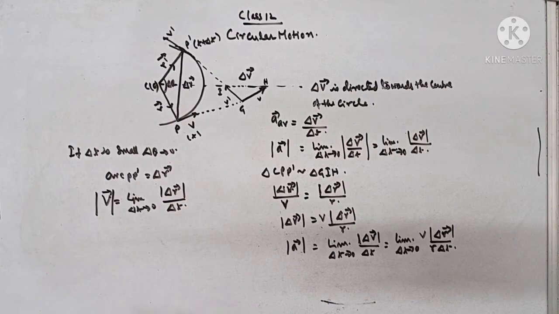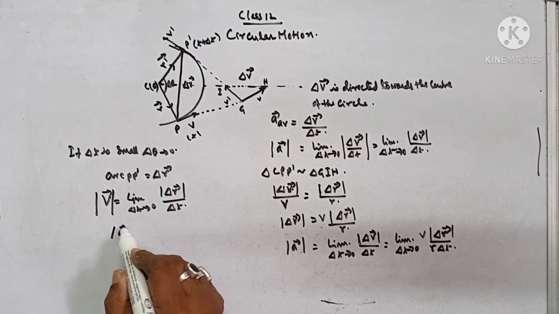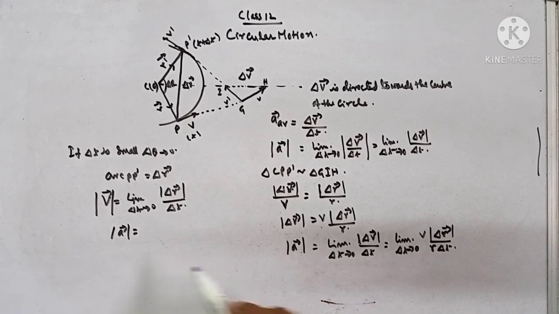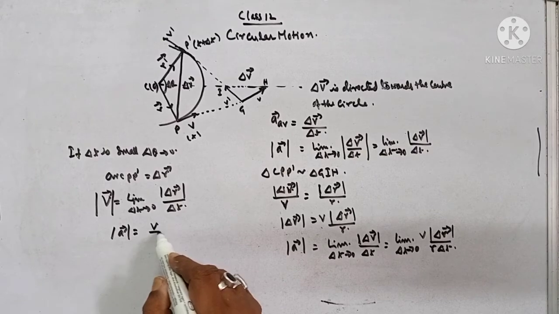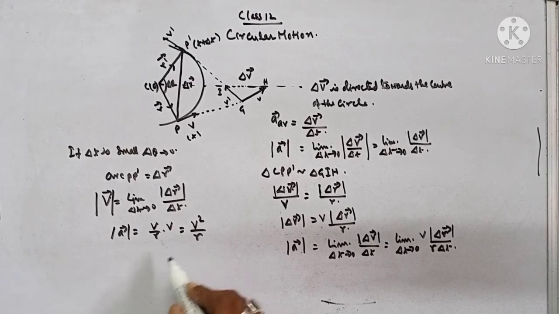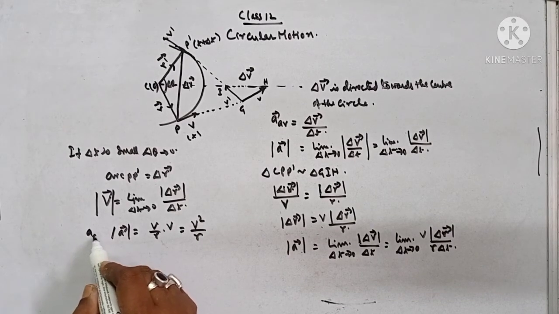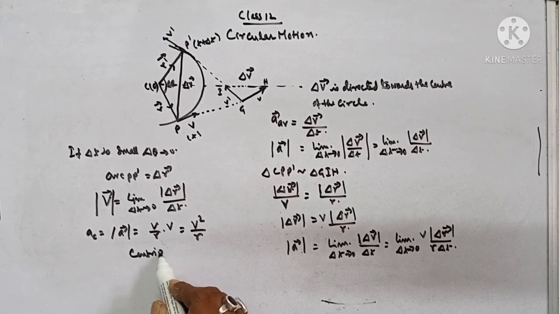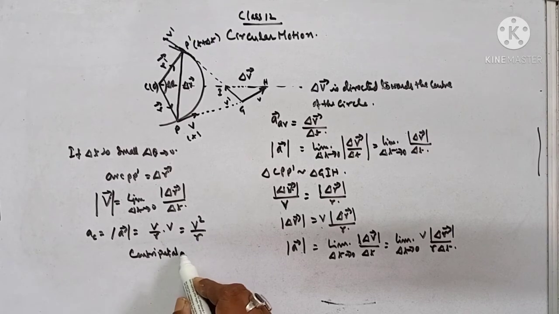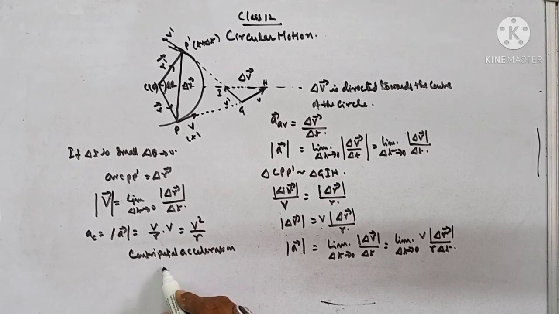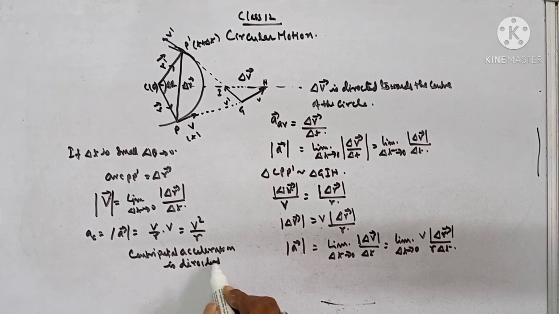So the magnitude of acceleration becomes v by r into v, which is equal to v square by r, and this is called centripetal acceleration.